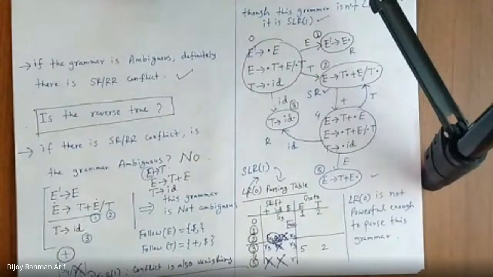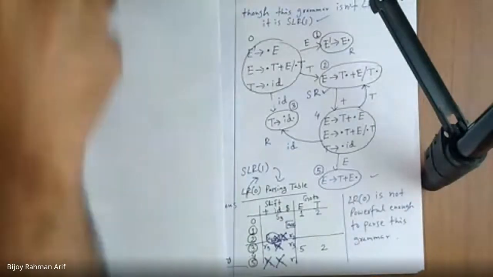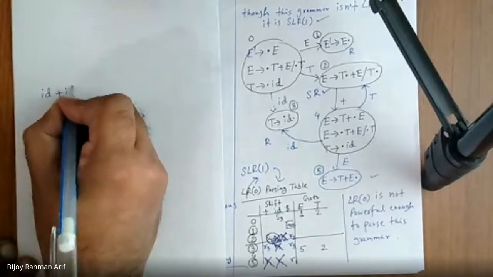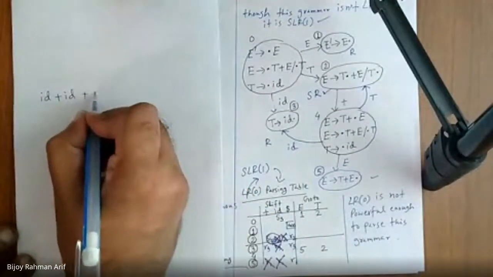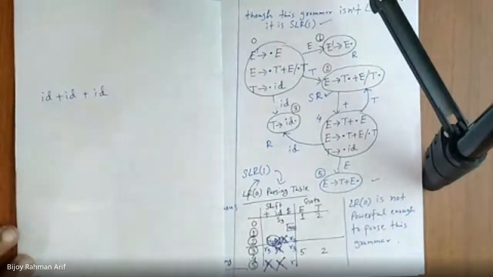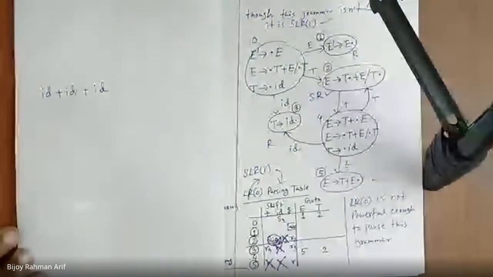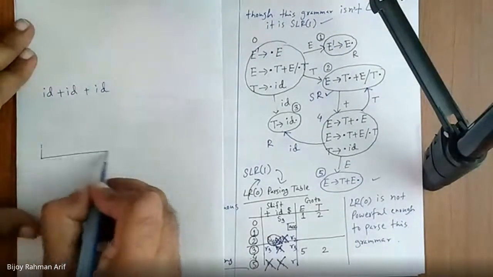Okay, so let's take a string and parse it. Let's take this string: id plus id plus id. How can I parse this one? Where should I start? What will be the first entry in the stack?